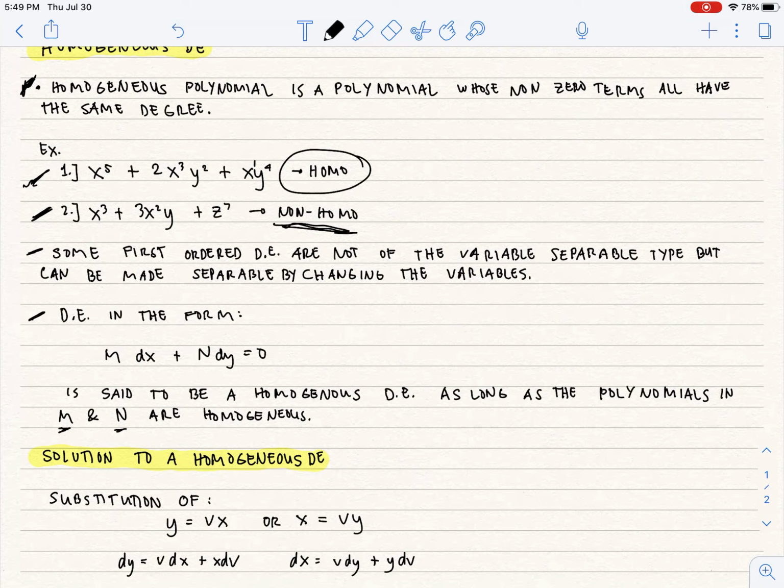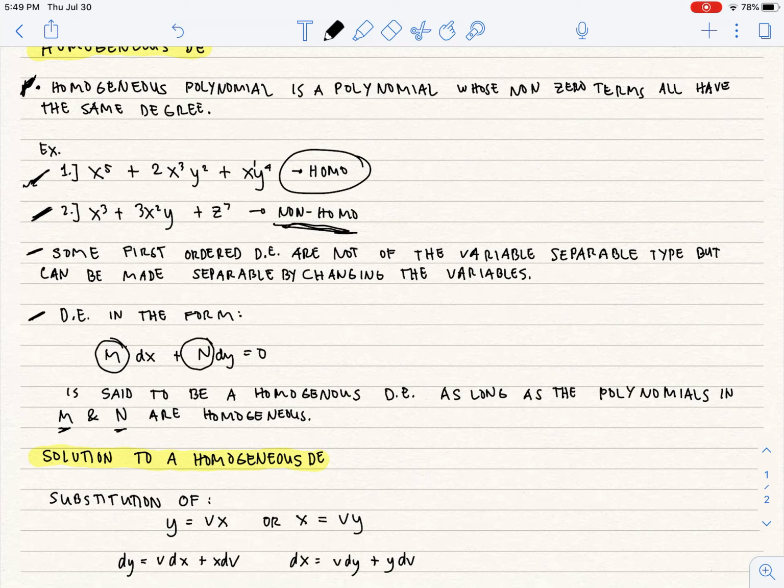Not necessarily na pareha sila og value, pero dapat homogeneous ang M, and at the same time dapat homogeneous pod ang N.